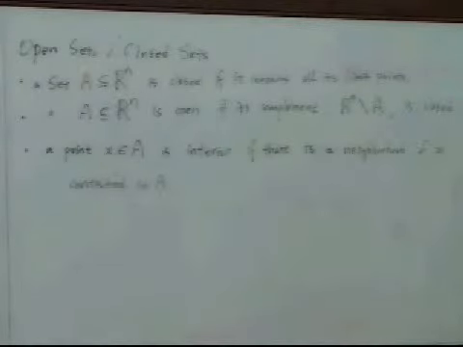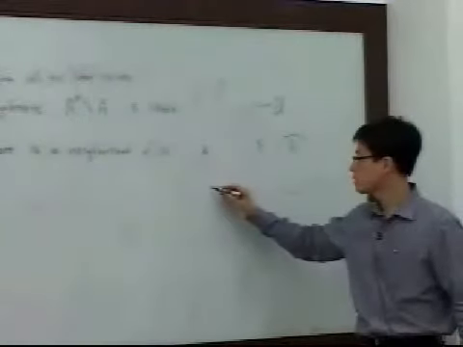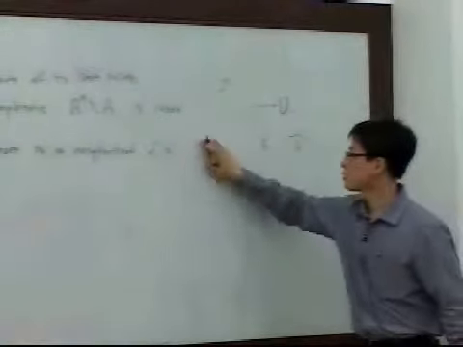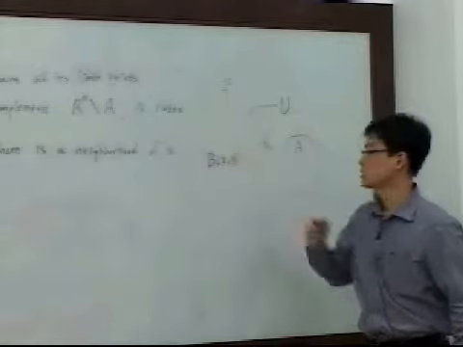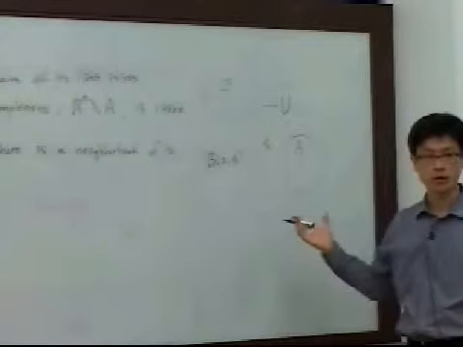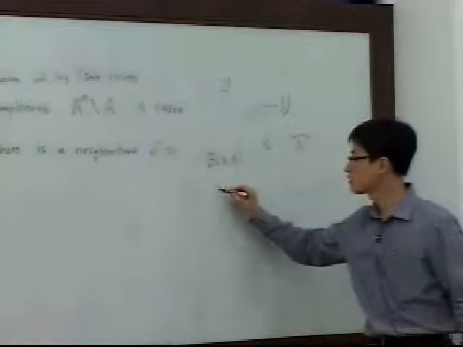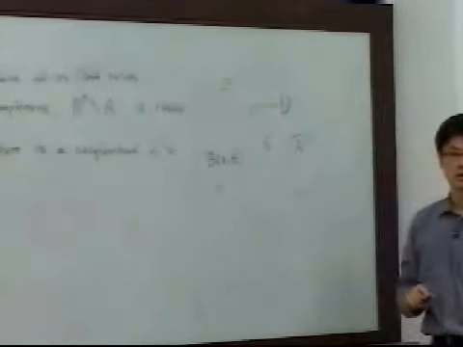If there is a small epsilon centered at X, we call a ball of X with radius of epsilon, something like that, right?